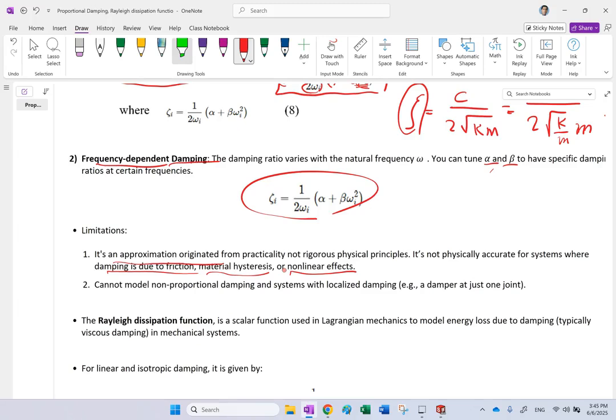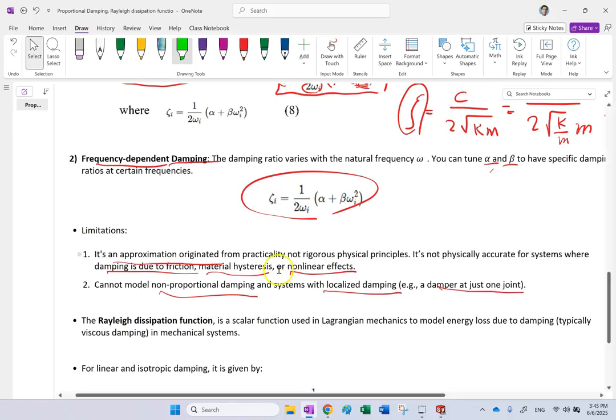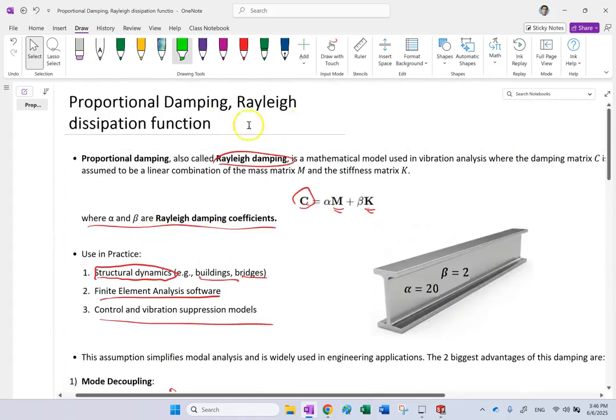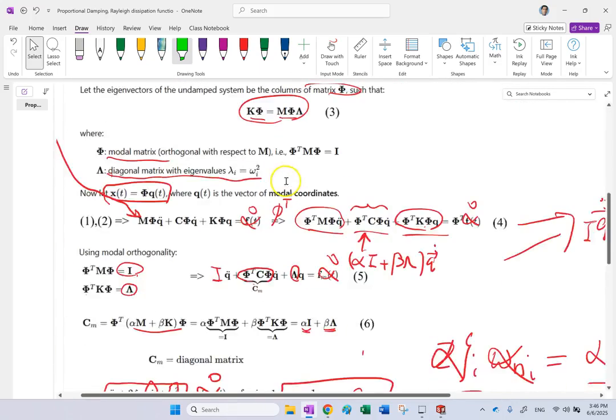And when the system shows some non-proportional damping, systems that have a localized damping, like a damper only at one point of it, not all over that structural member or something, this cannot be a good representation. So although it's very popular and it's used in many different finite element analysis software, it has some limitations. Okay, so this is structural damping using Rayleigh or proportional damping.